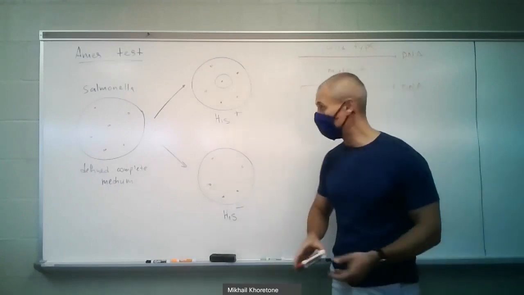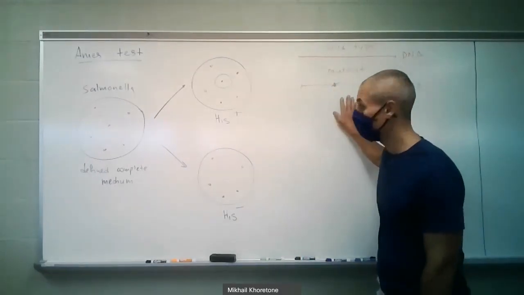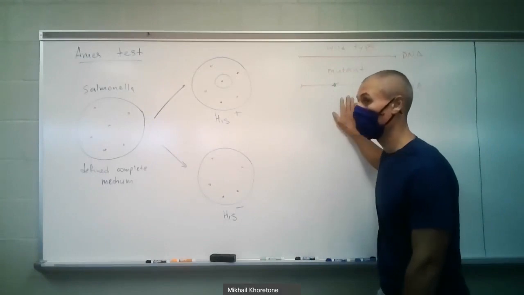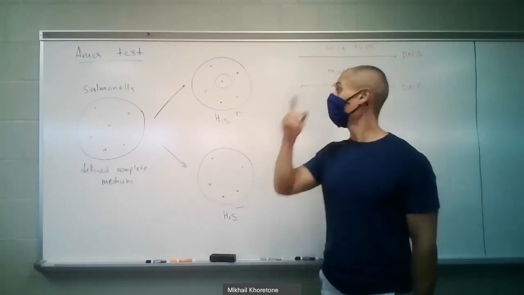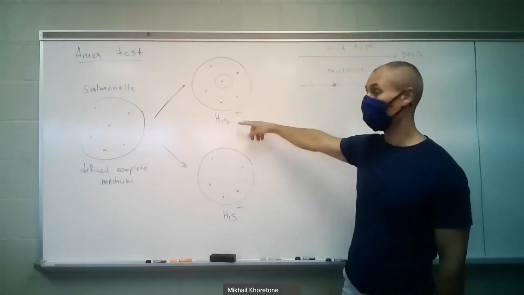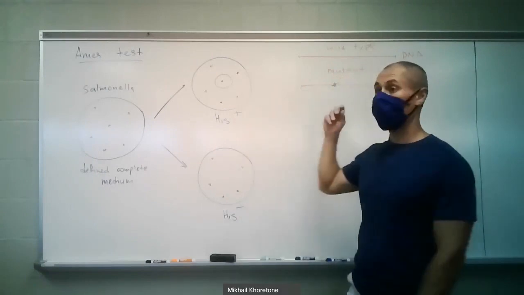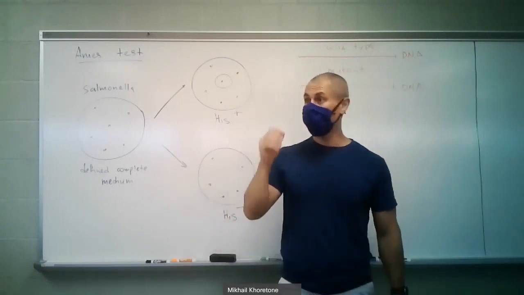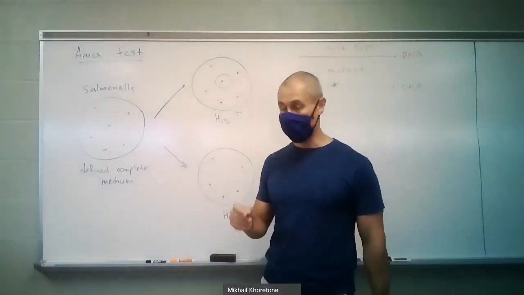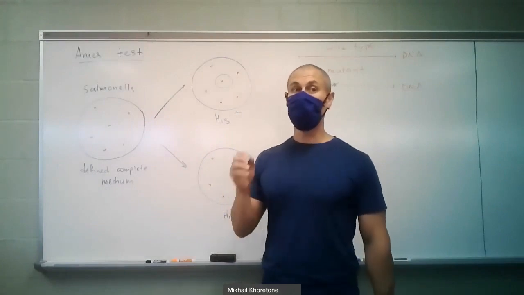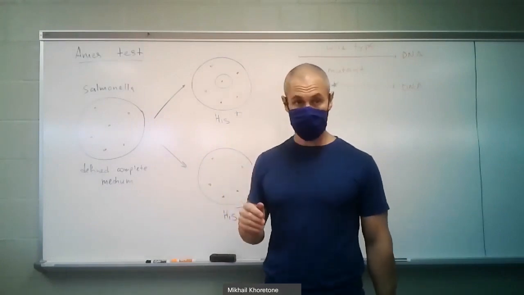Now, a mutant that cannot produce histidine. Can it, generally speaking, still grow? What does it need to grow? Histidine. Microorganisms that require a particular nutrient or a growth factor are called auxotrophic.